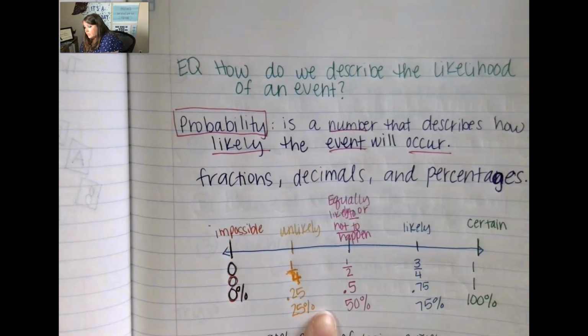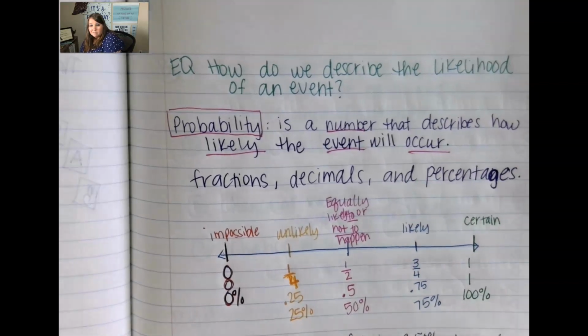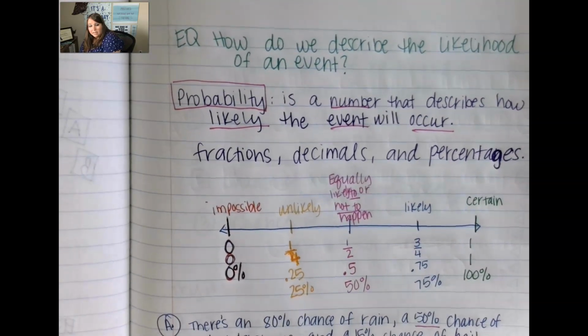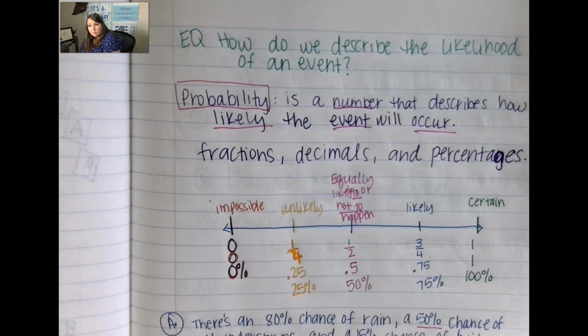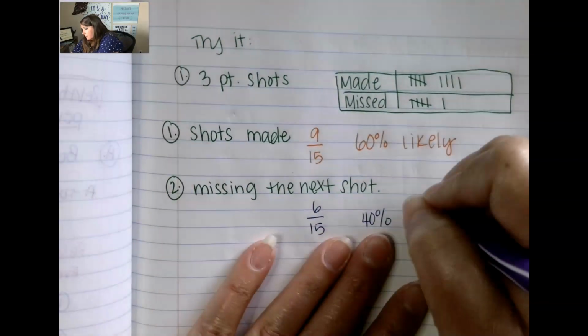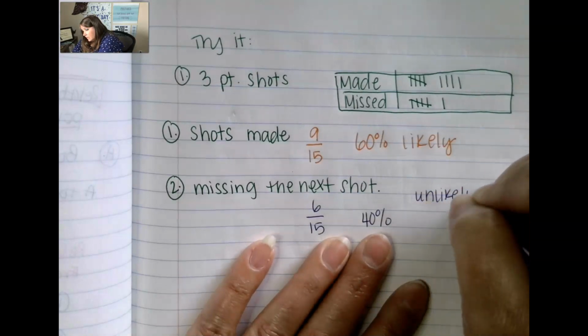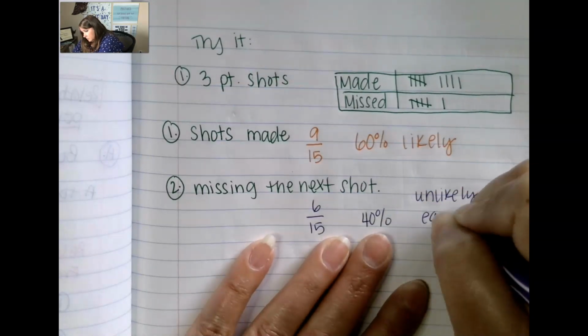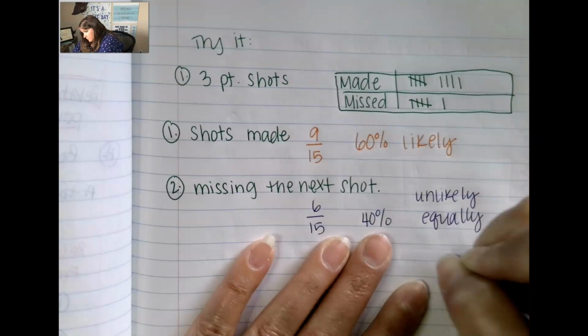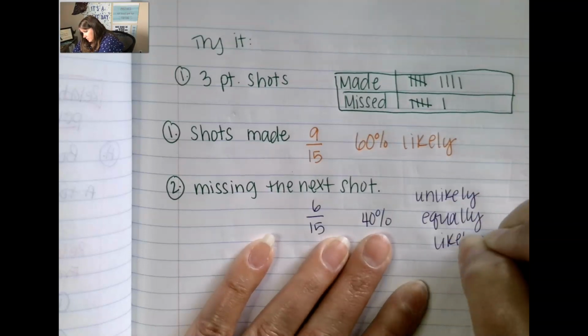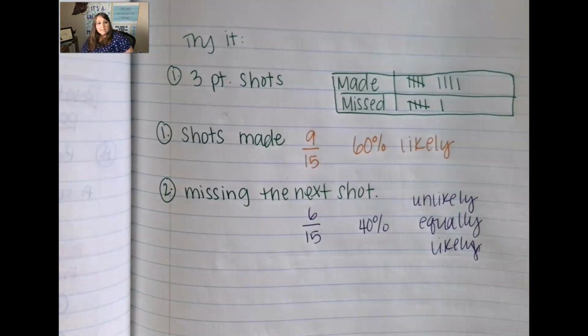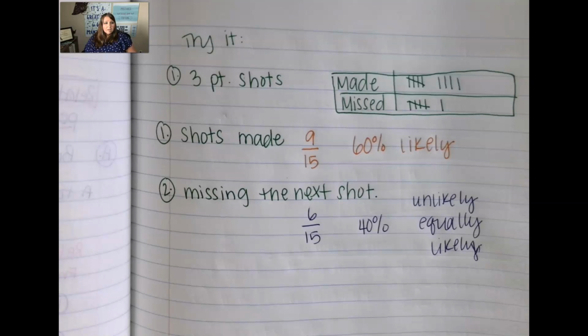40% is less than 50%, so it's probably unlikely. It's probably unlikely, right? Unlikely to equally likely that we're going to miss it. Okay, so it's equally likely that we're probably going to miss it.